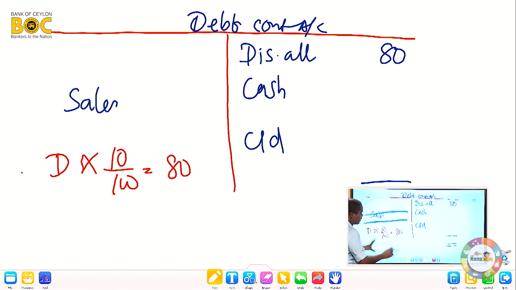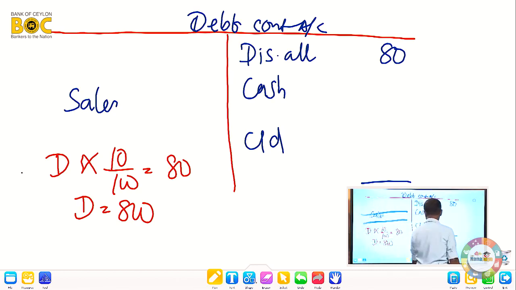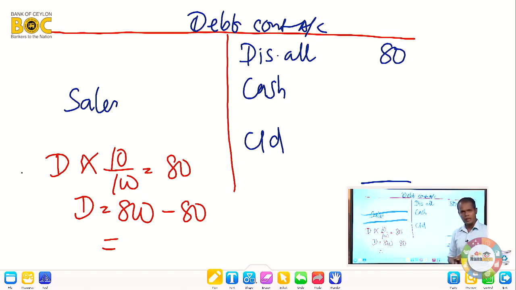Now the total debtors who paid cash, by cross multiplication, debtors value is 800. 800 worth of debtors paid, for them you have given a discount of 80.